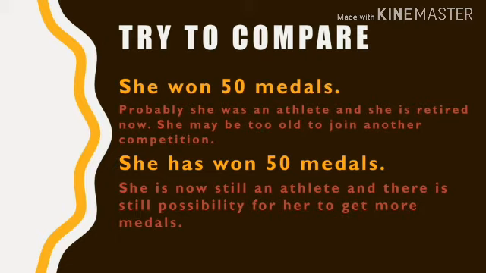If you say she won 50 medals, that probably means she was an athlete and she is retired now, and she may be too old to join another competition and she will not get more medals. But if you say she has won 50 medals, it has a different meaning. Maybe she is now still an athlete and there is still possibility for her to get more medals.